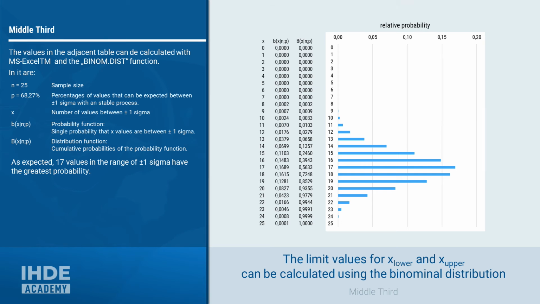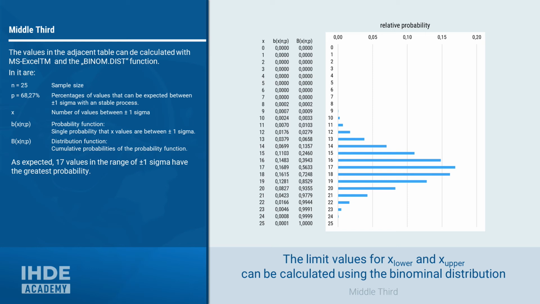The function to be used is called binom.dist, where n is the sample size, here 25. Small p is the percentage of values that are to be expected in the range between plus minus 1 sigma for a statistically stable process.